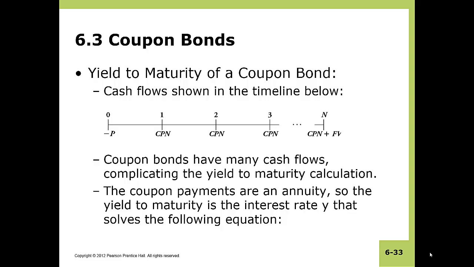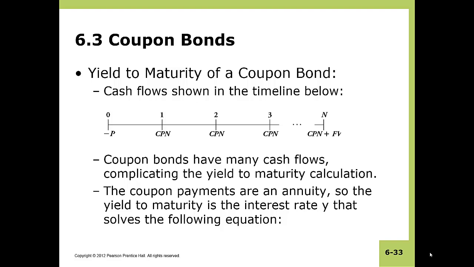One of the problems that you will be working on is to try to find the yield to maturity of a coupon bond. Once you've done your cash flows on the timeline like you did in the previous section, that will help you determine the yield to maturity. On the left hand side of the screen, a negative P, that's the present value, and that's the amount that you're buying your bond for.